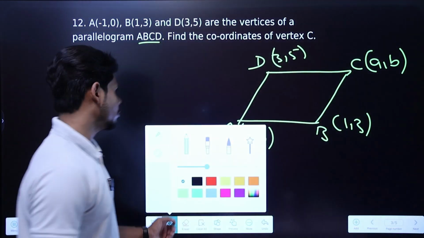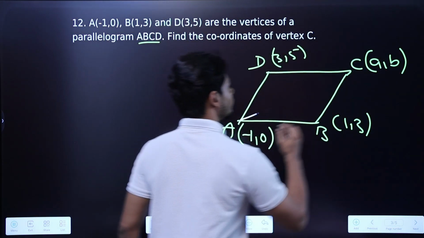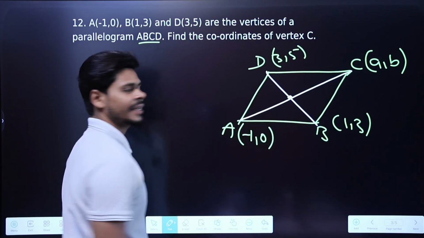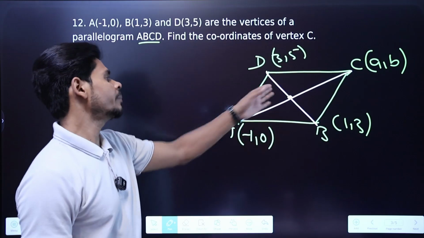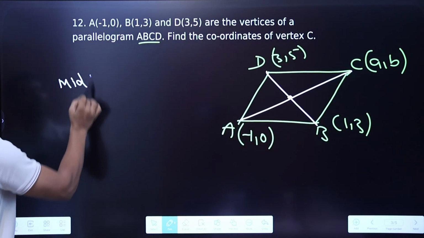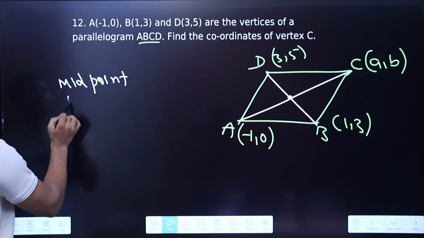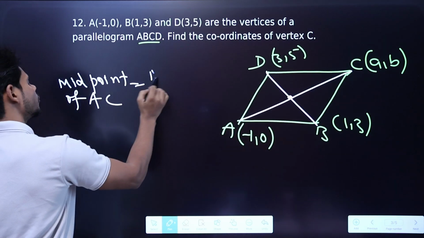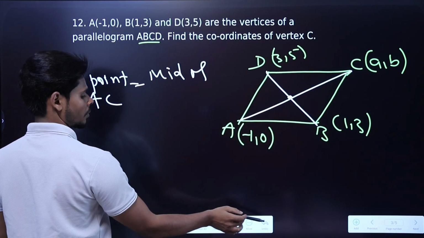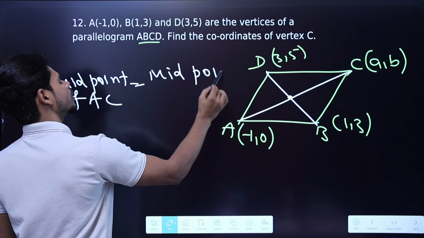So now let me tell you, we already know that AC and BD will intersect at exactly the same point, right? Basically the midpoint, that would be the midpoint. So we can easily say that the midpoint of AC will be equal to the midpoint of BD, right?